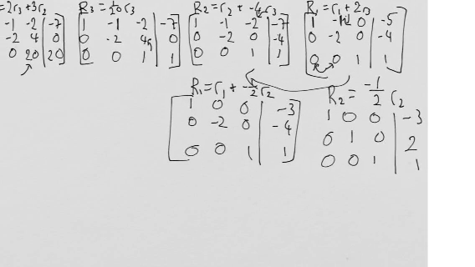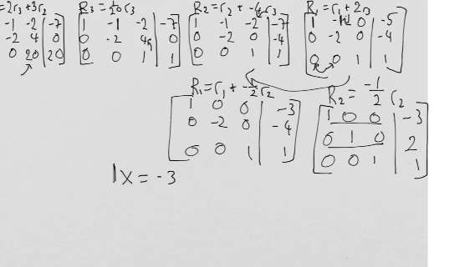So that's the end of the problem. We know that x equals -3, y equals 2, and z equals 1. Because if we convert this back into standard form, then we have 1x equals -3, then 1y equals 2, and 1z equals 1.